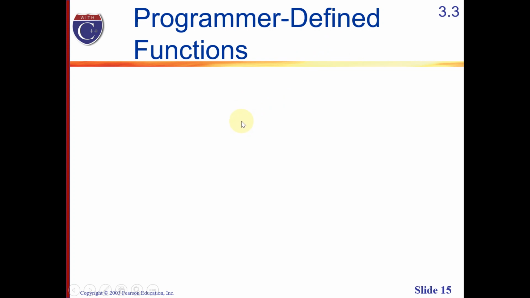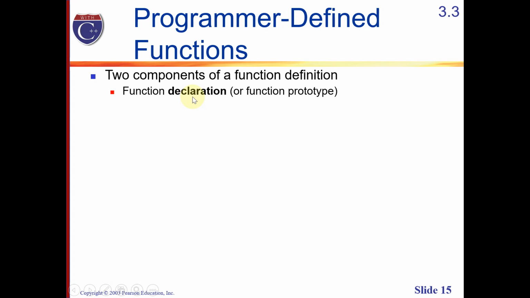Talking about programmer-defined functions, there are two components of a function definition. First, there is the function declaration or the function prototype of the programmer-defined function that we would like to write.